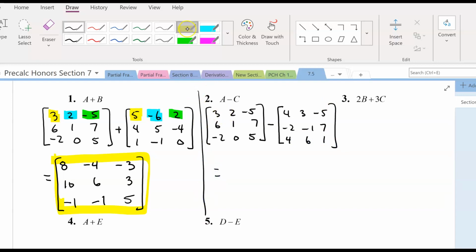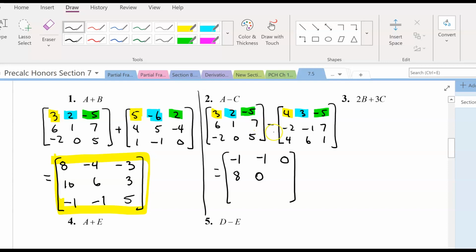So I'm going to start with 3 minus 4. That's negative 1. And then 2 minus 3. Also negative 1. And then negative 5 minus negative 5. So that's negative 5 plus 5, which is going to be 0. So be careful with your signs. Moving on to the next row, 6 minus negative 2, which is 6 plus 2, which is 8. 1 minus negative 1, which is 1 plus 1, which is 0.